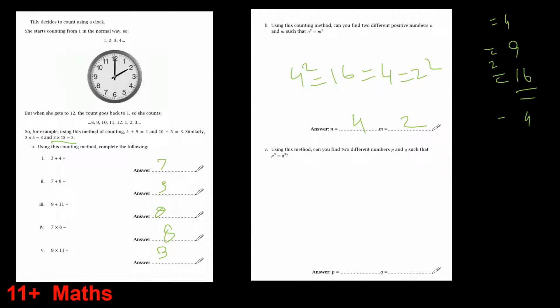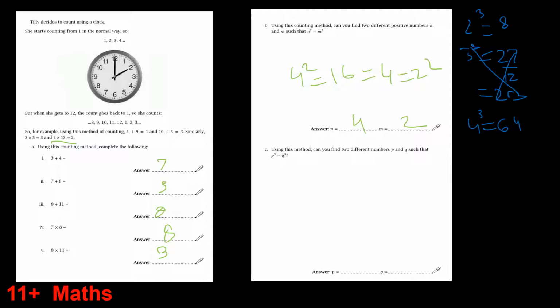Instead of doing the squares, we have to work out the cubes of the numbers. 2 cubed equals 8, 3 cubed equals 27, and we divide by 12: the remainder is 3, so that doesn't work. 4 cubed equals 64.